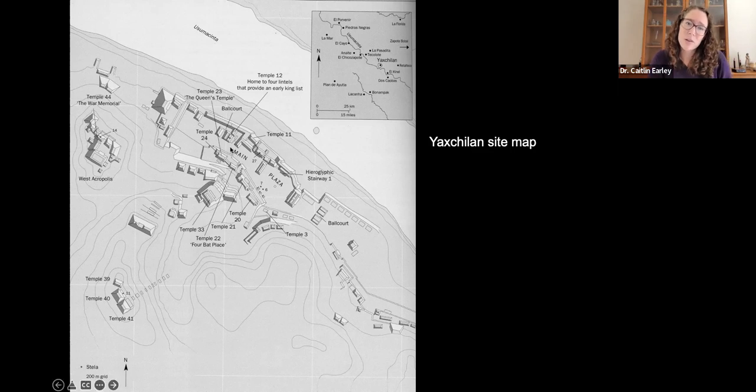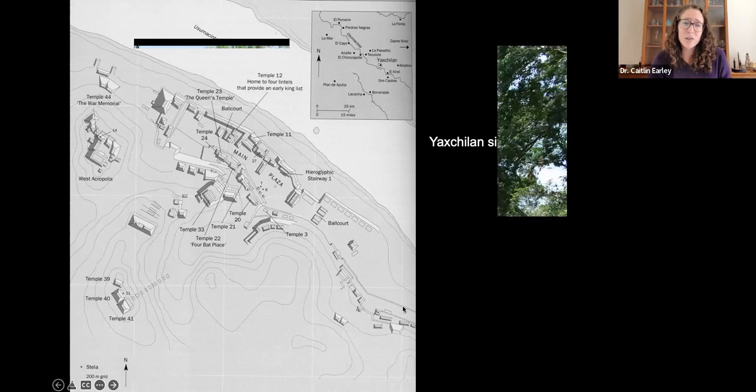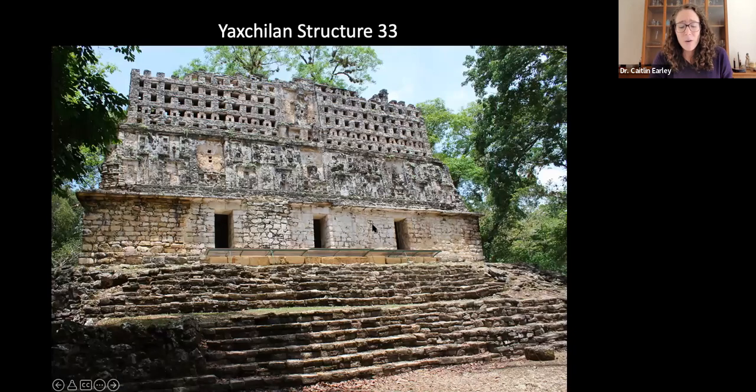So we're talking about Structure 23, and we can see that it is located just off the main plaza in Yaxchilán, a little bit above, but really in the ceremonial core of this site, so in a really important spot. Structure 23 is in really bad shape today, but I'm going to show you Structure 33, which gives us some sense of what 23 might have looked like.